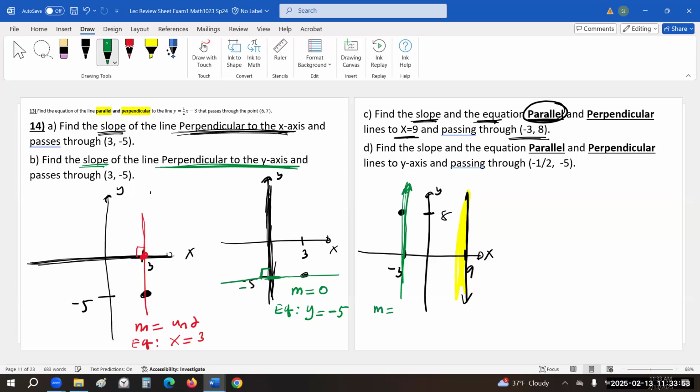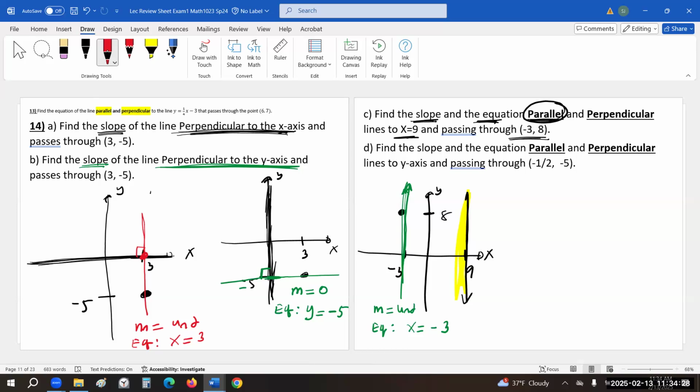What is the slope of any vertical line? Undefined. And what is the equation of this vertical line? X equals -3. And now let's do the perpendicular. How can you draw a line that is perpendicular to x equals 9 line and going to this point? Another vertical line or a horizontal line?